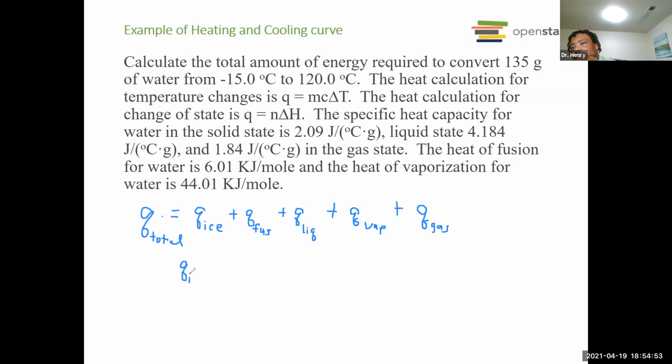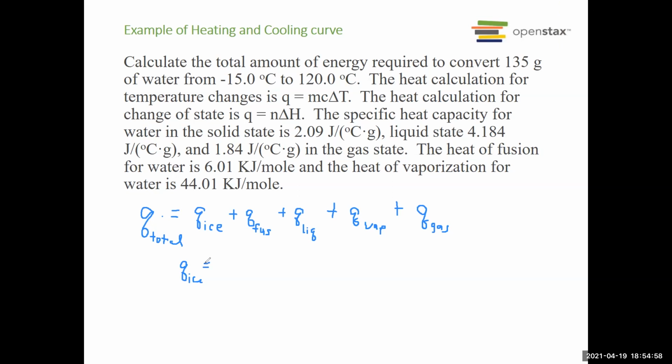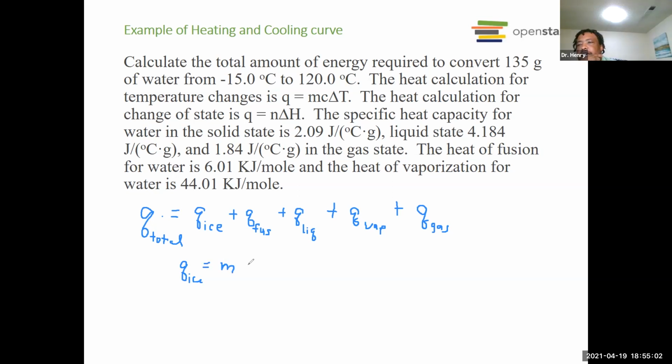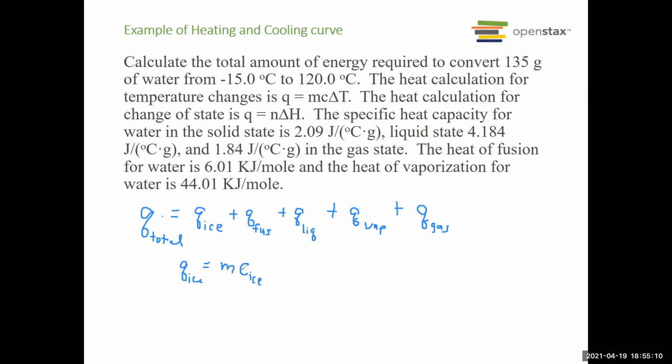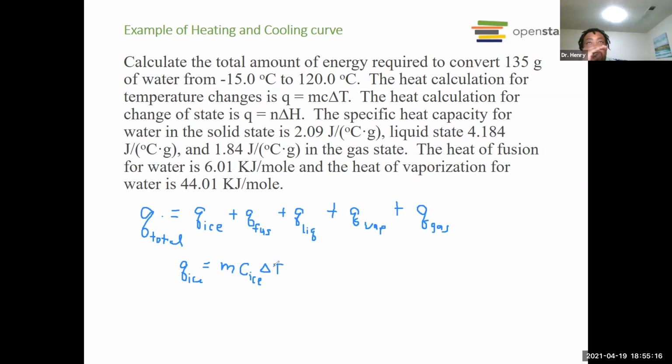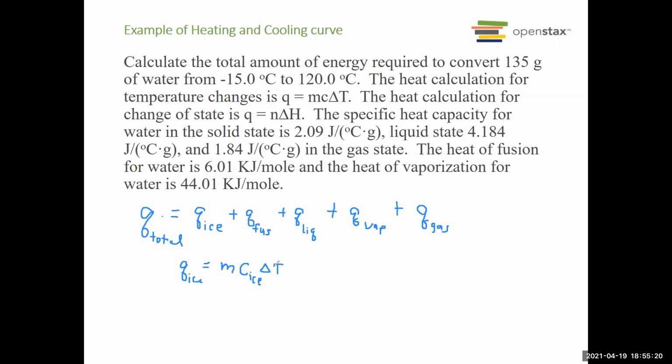Q ice equals the mass times the specific heat capacity of ice, or the solid, times delta T, and that's up to the point where the ice transitions, right?